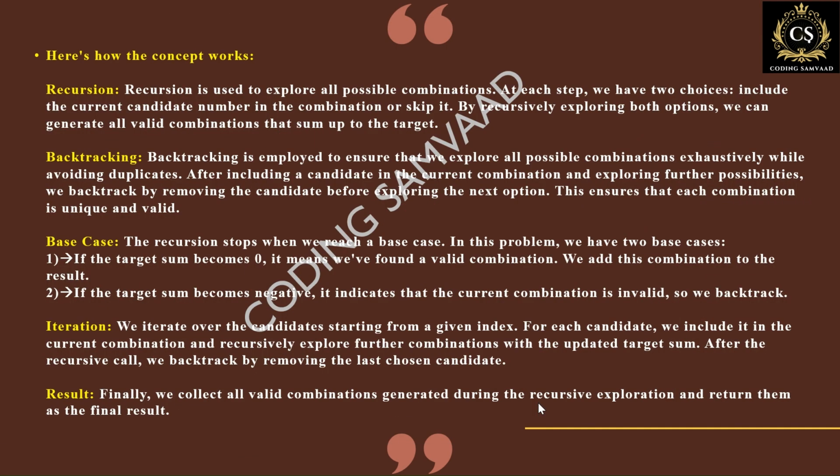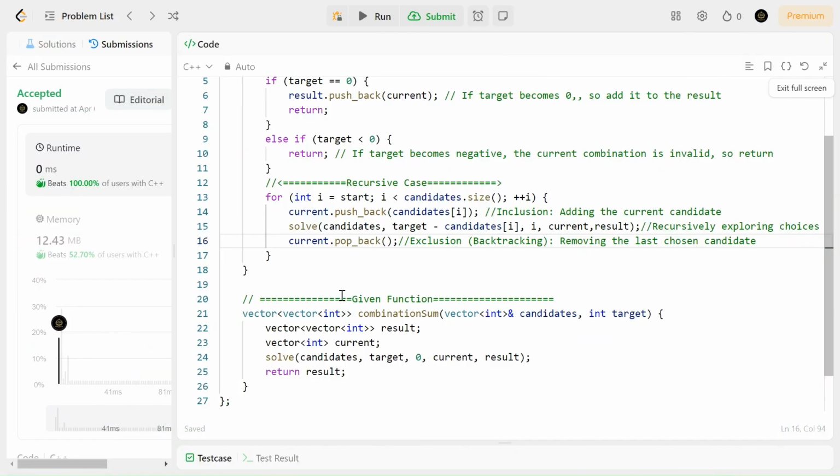It's time for the recap now. You can just have a read. We have been given a function combinationSum, which accepts candidates and target as input. We have defined result, which is a vector of vectors, since we need to return a vector of vectors.